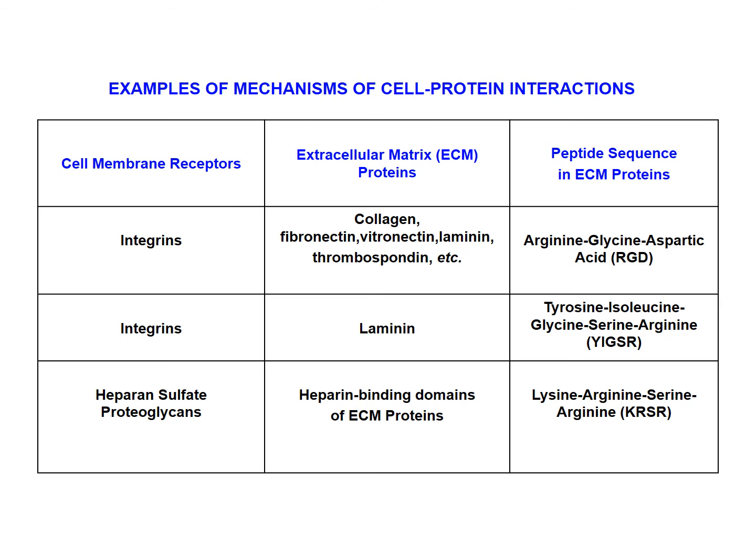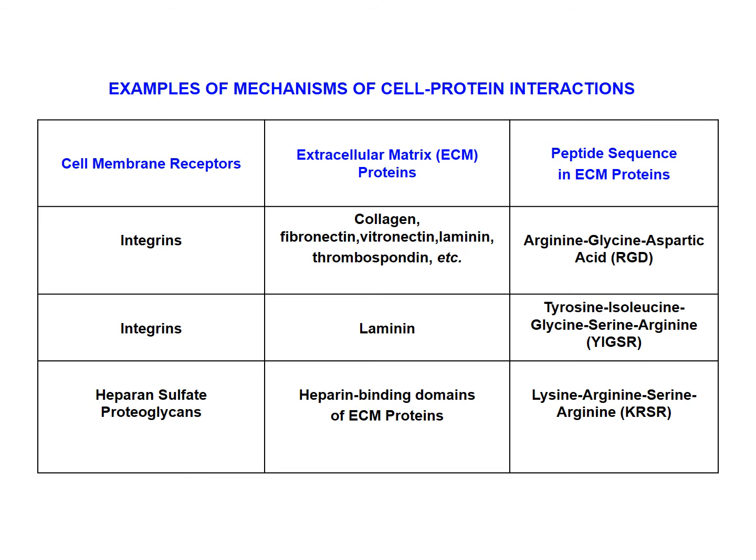The arginine glycine aspartic acid peptide was the first one to be identified for its adhesive properties when researchers worked with fibronectin. But later on, research revealed that other extracellular matrix proteins, such as collagen, vitronectin, laminin, thrombospondin, etc., have the RGD peptide.